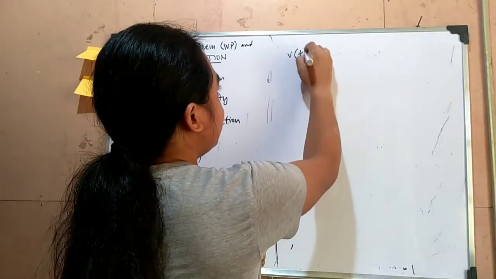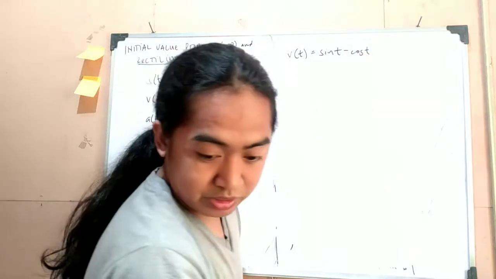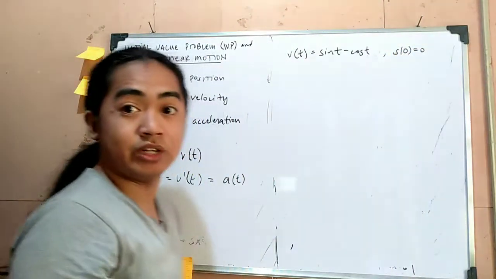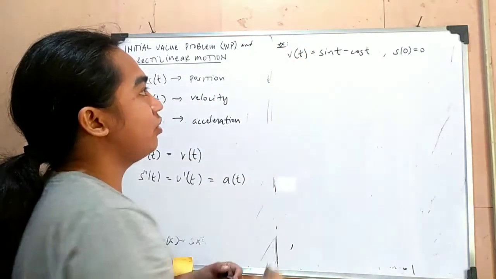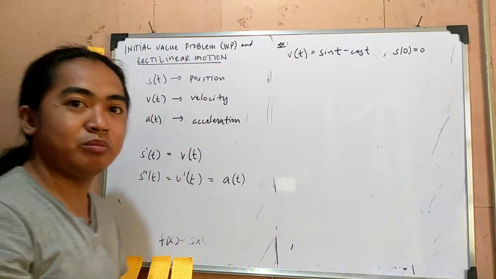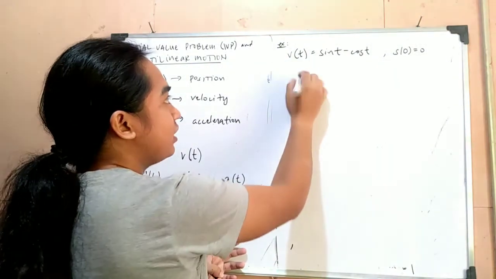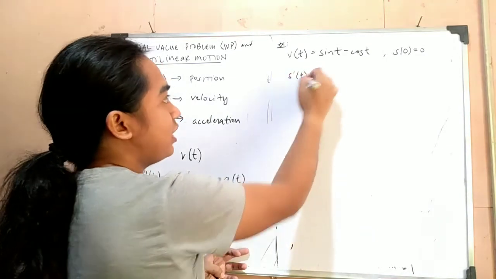Yung v of t natin equals to sin t minus cosine t, for which s of 0 is equal to 0. So, kunin lang natin, again, yung idea is hanapin yung position function. So, again, para makuha natin to, kasi we know that v of t is s prime of t.